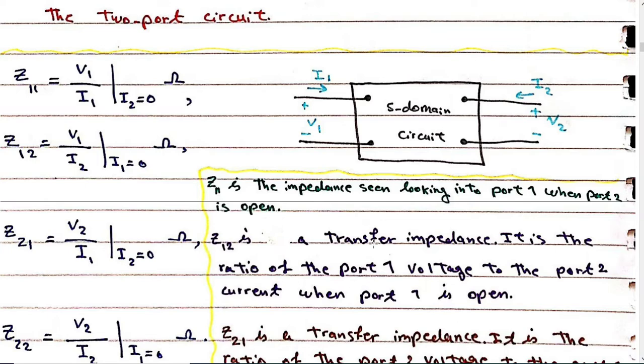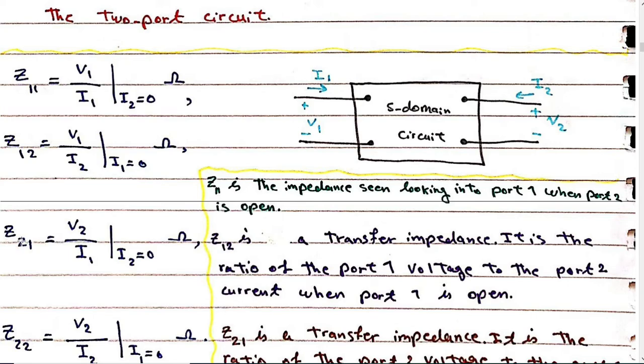The second port, or output current. That's why we call it the transfer impedance. So it is the ratio of the port 1 voltage to the port 2 current when port 1 is open. When we say port 1 is open, it means I1 is 0.